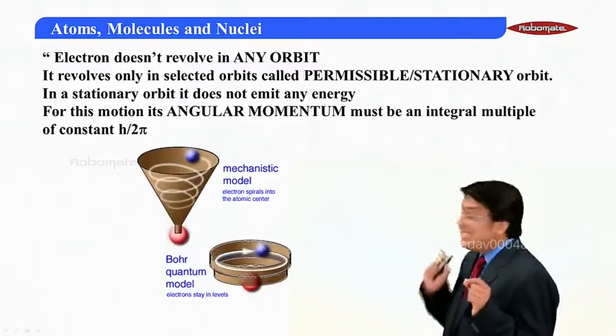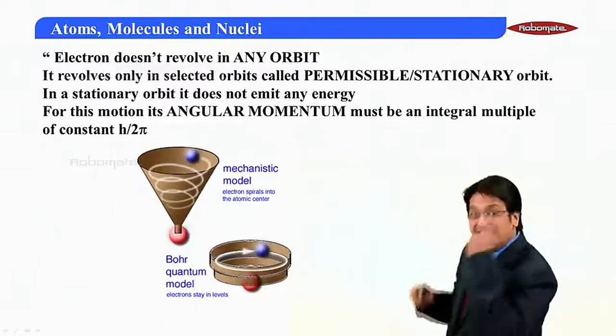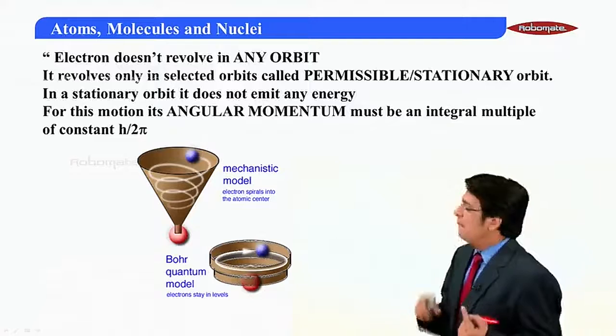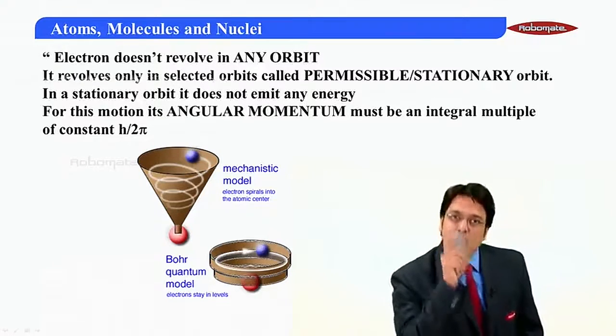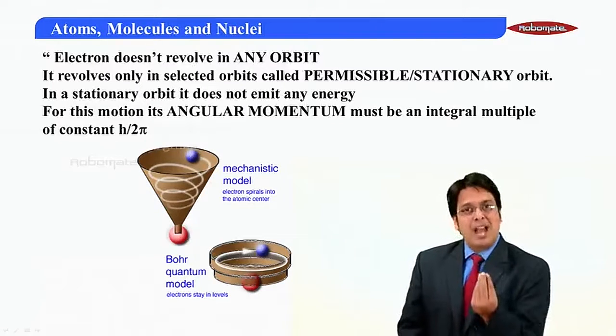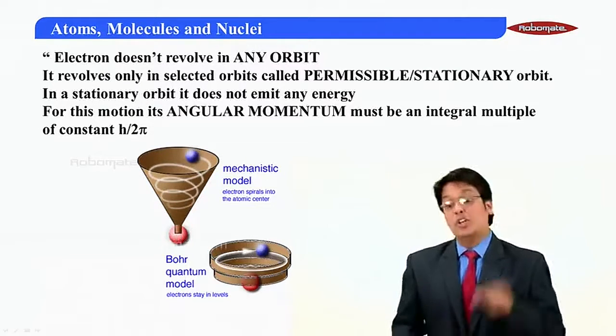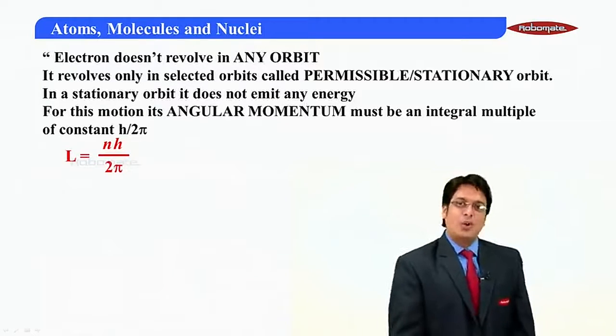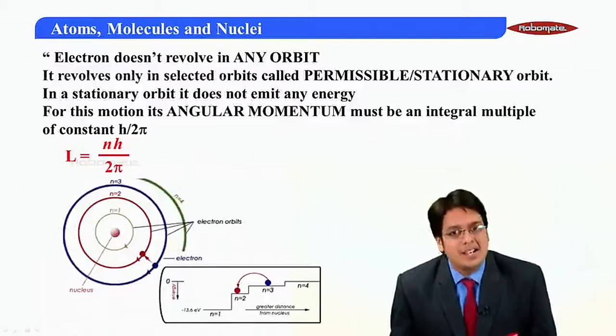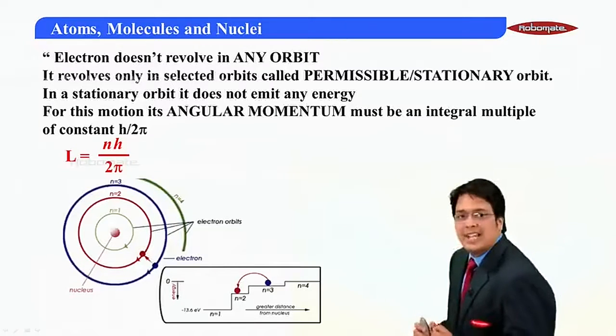What he meant was, that was classical physics coming down, but this is quantum mechanics. Only one orbit, that's your country, boss. And if you have that passport, angular momentum, you can be in that country. So L is equal to nh upon 2 pi.